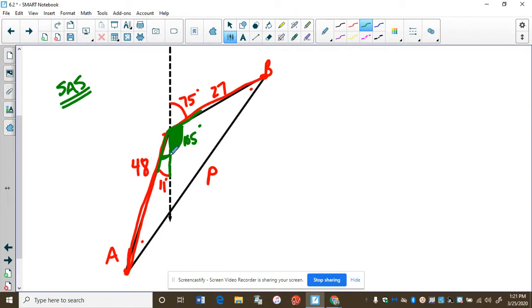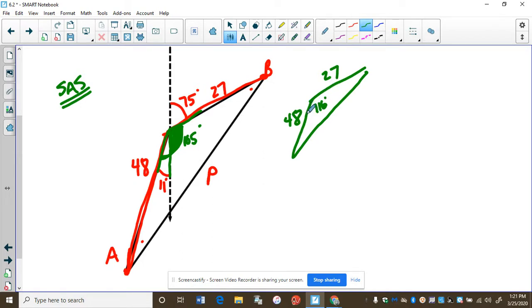And then if I add this other 11 degrees, which is over here, then this is 116 degrees, this is 27, this is 48.